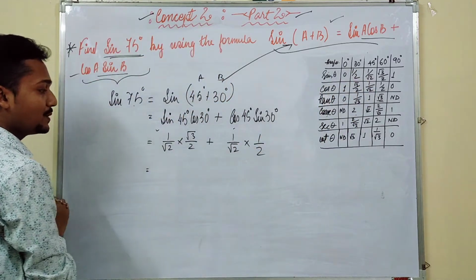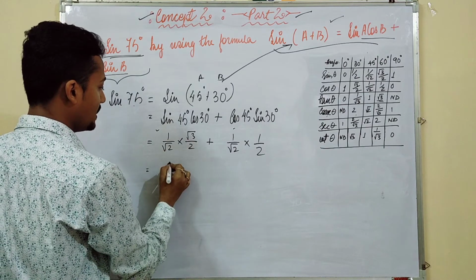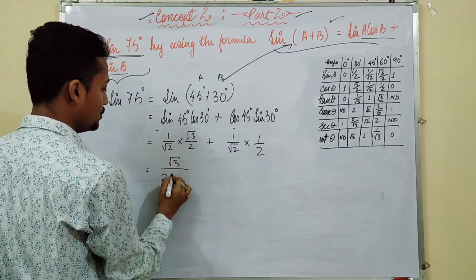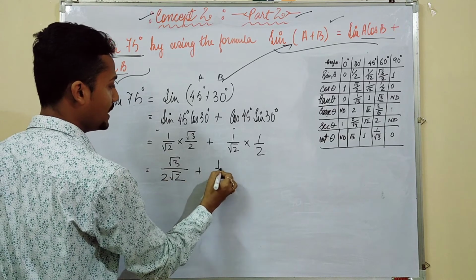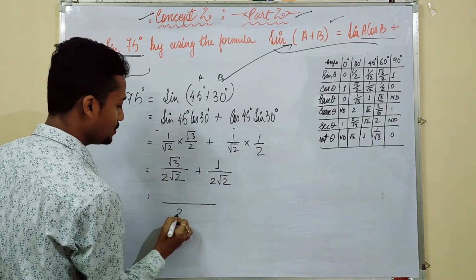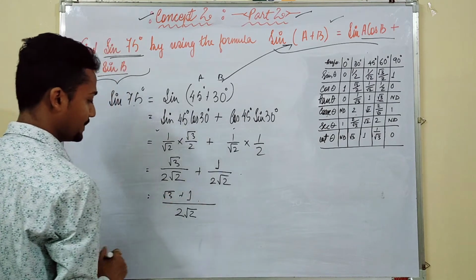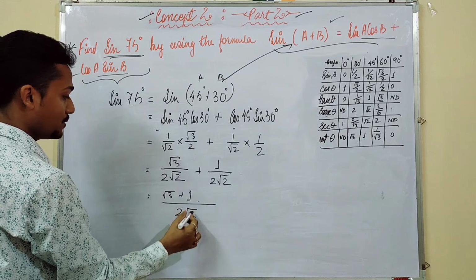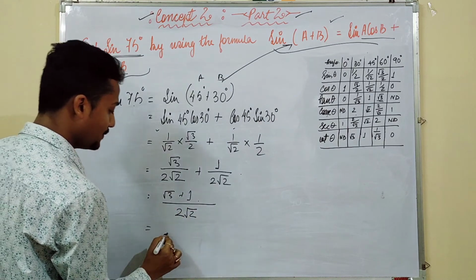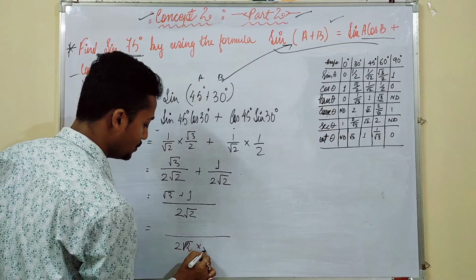Now let us solve this particular part. It will be in this form: root 3 by 2 root 2 plus 1 by 2 root 2. Okay, now the LCM will be how much? 2 root 2, and root 3 plus 1. Now if you want to convert this part into rational form, then what will I do? 2 root 2 into root 2.